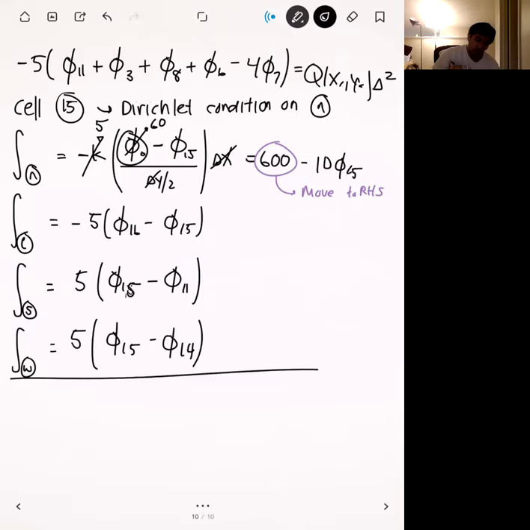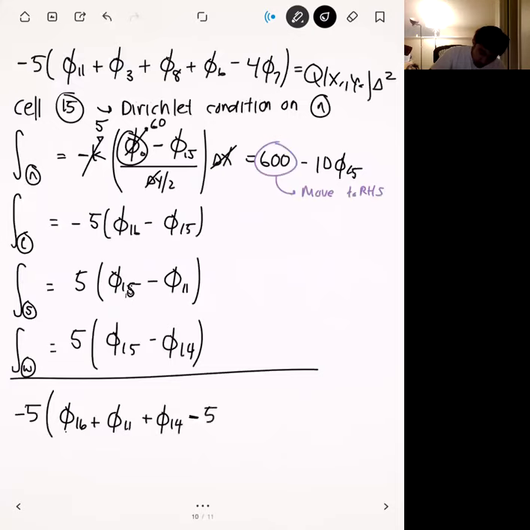All right, and so let's go ahead and add all these together. Let me go ahead and factor out a minus 5. If we factor out a minus 5 and add all these together, we get phi 16 plus phi 11 plus phi 14 minus 5 phi sub 15, and this is equal to q of xc yc minus 600.